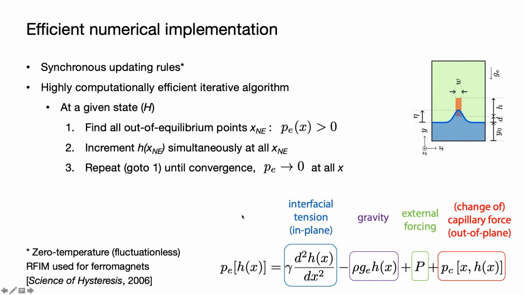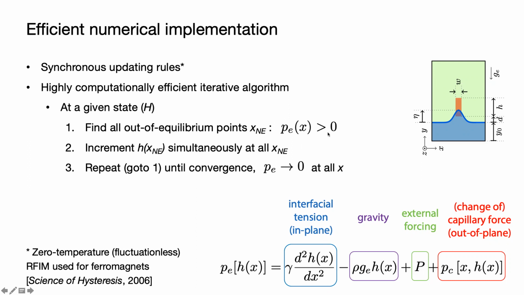This is akin to what is done for the zero-temperature, or fluctuationless, random field Ising model for ferromagnets, where at each step, after we change the pressure, starting from equilibrium, we write this equilibrium equation for each x, for each point along the interface, these four terms. And then we find all the points which are out of equilibrium, which for imbibition is when this PE is larger than zero.